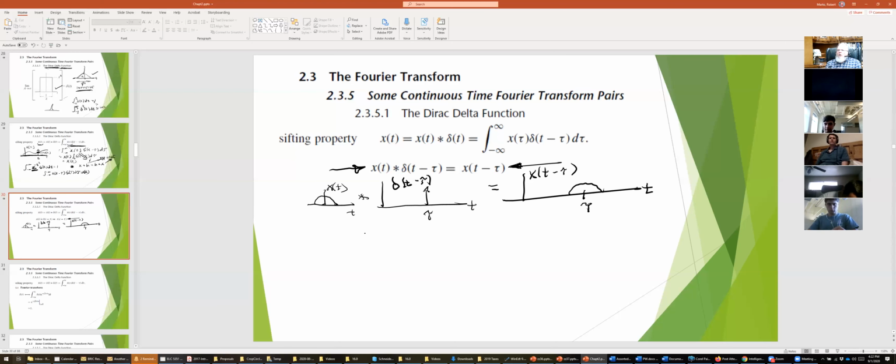How can we show that? Well, maybe we should derive this here, x of t minus tau. We have to be very careful here. This is equal to the integral of x of c times delta of t minus c minus tau.